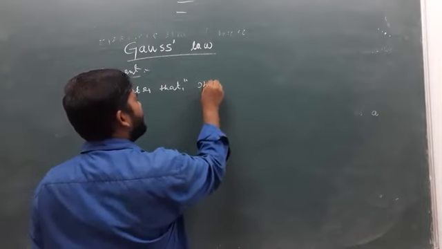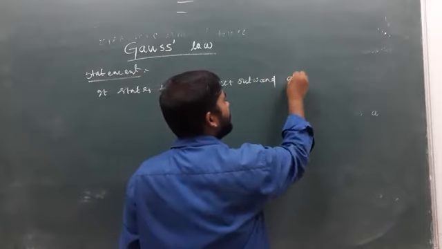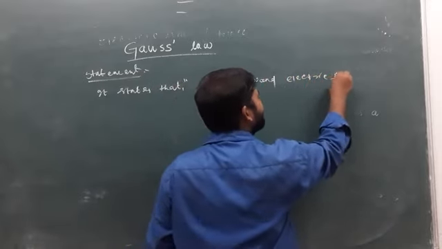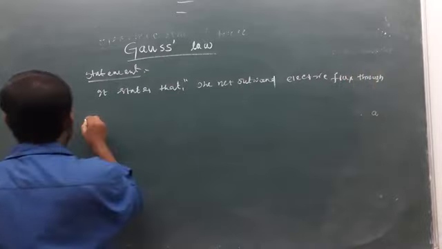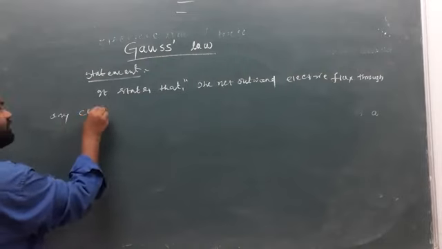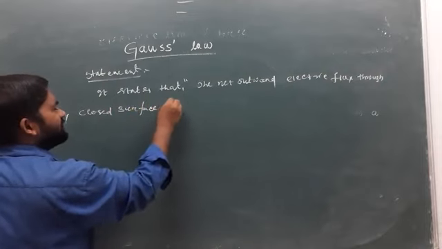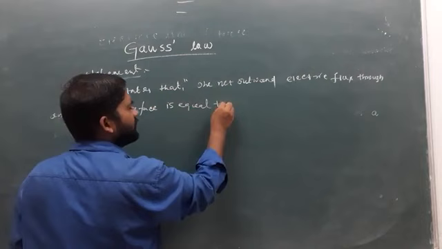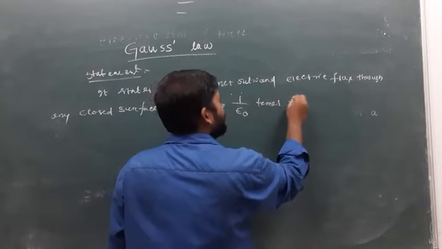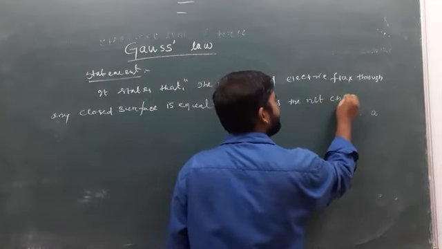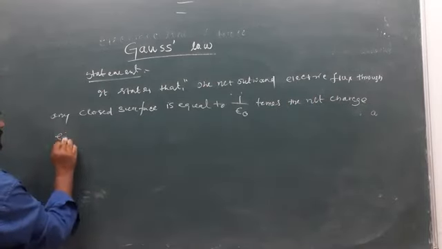So, it states that the net outward electric flux through any closed surface is equal to 1 by epsilon naught times the net charge enclosed by the surface.